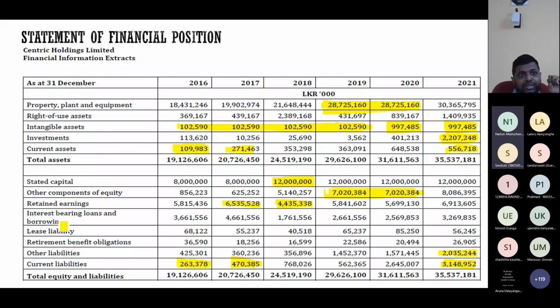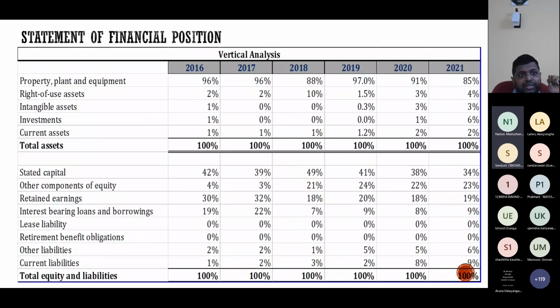These are the vertical analysis. You can see the important aspect goes to the property, plant and equipment. More than 90% given to the property, plant and equipment. And stated capital, other components of equity, retained earnings, and those are the vertical analysis.